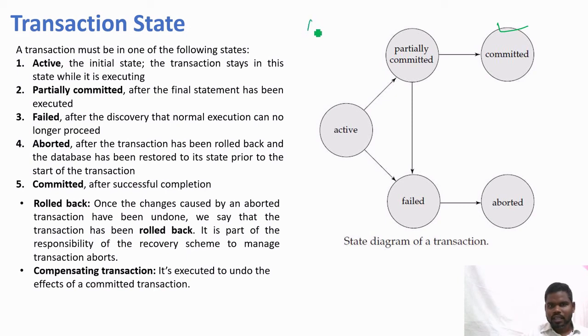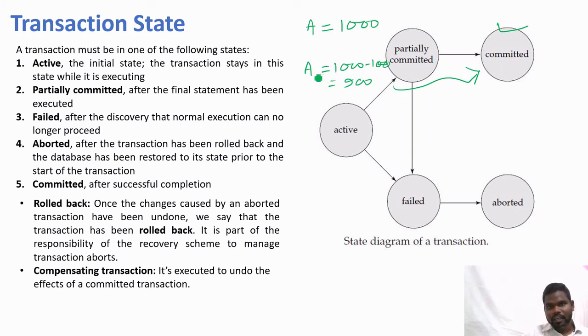Let's suppose the initial balance of A is 1000 rupees, and a debit of 100 rupees is done in account A. So A = 1000 - 100 = 900, and the transaction is committed. Let's suppose this transaction is done by mistake, so by mistake 100 rupees is debited from account A. Since the transaction is already committed, we cannot do a rollback.